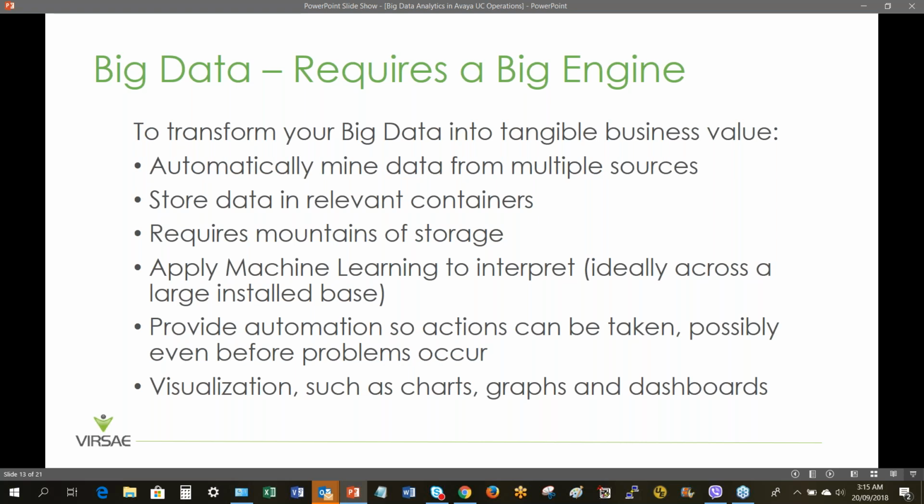Or if those are not set, it might be that we get a certain amount of calls using a certain codec on those WAN segments where we're starting to push the bandwidth. So you can see there we can get layers and layers and layers with that machine learning.